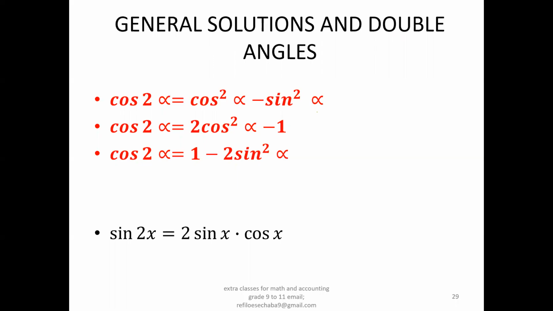So basically, that cos 2x, you either change it to this, or you change it to that, or you change it to that.